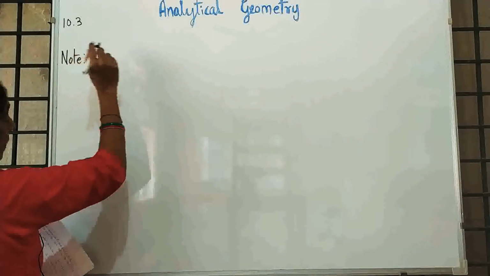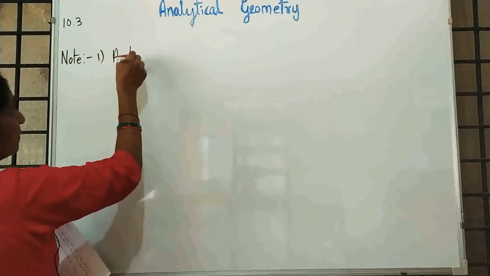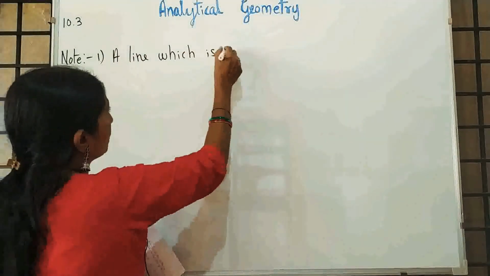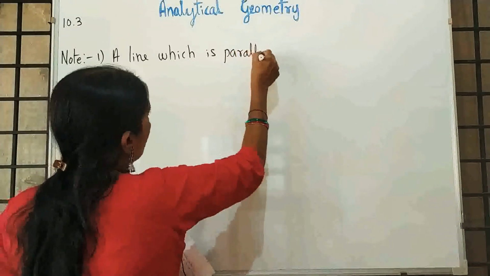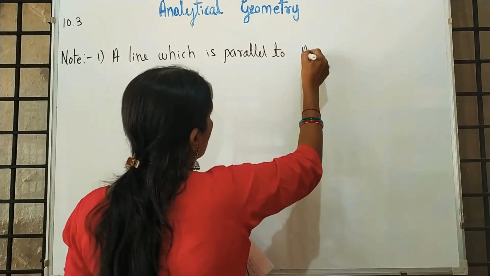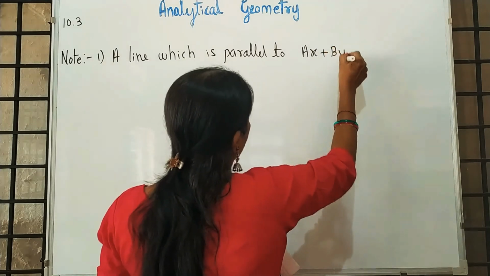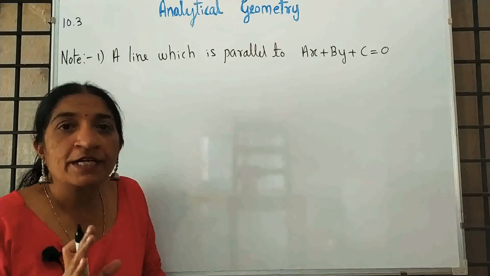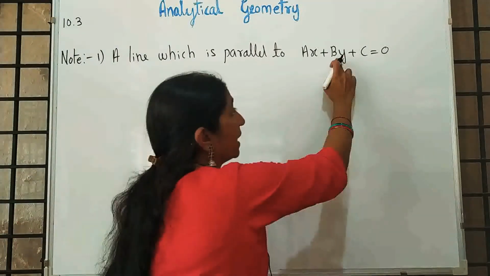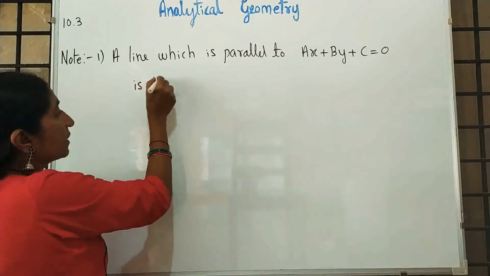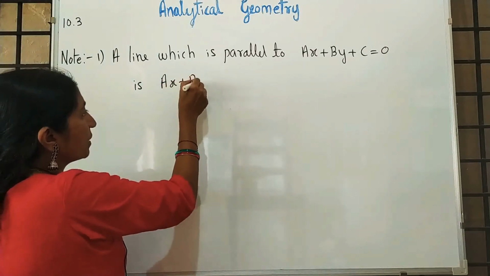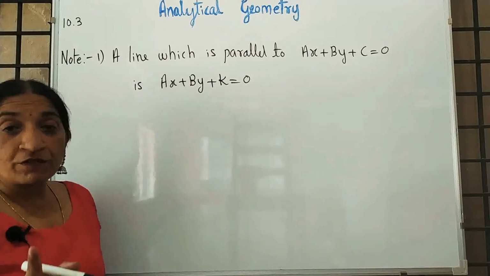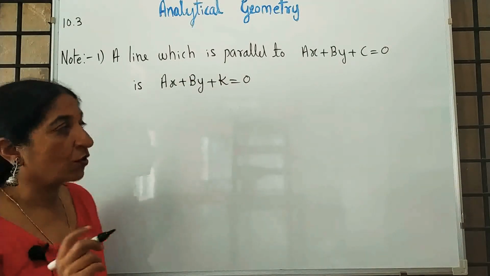First point: a line which is parallel to ax + by + c = 0. That means if you want to write a line parallel to this line, the x and y coefficients should be the same, only differing by the constant.